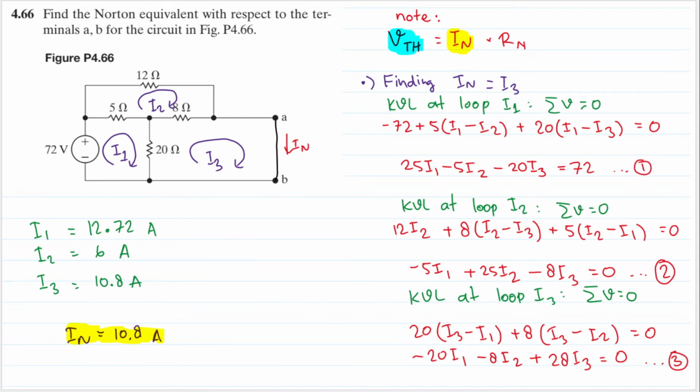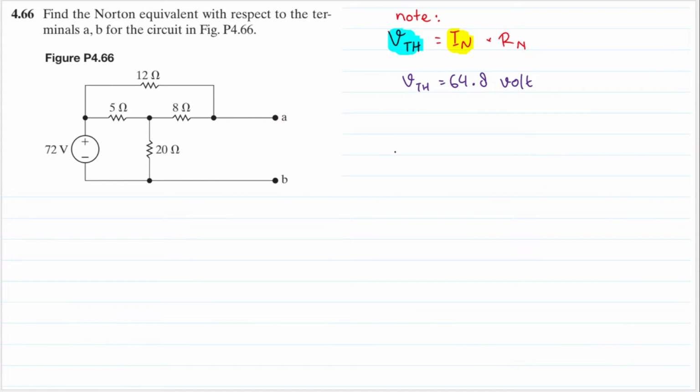And then we can find the Norton resistance, which is just VTH divided by the Norton current.